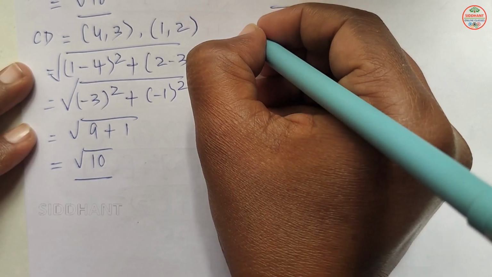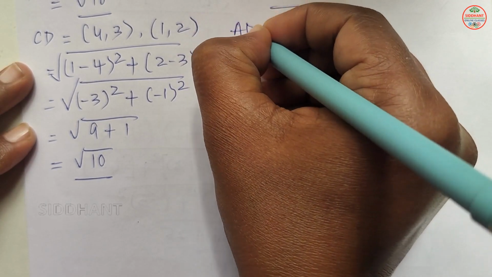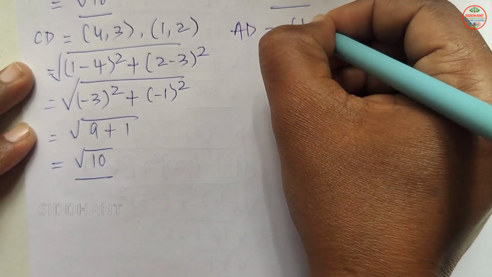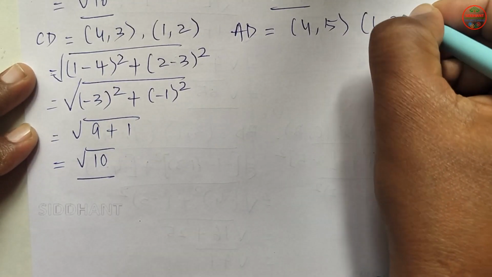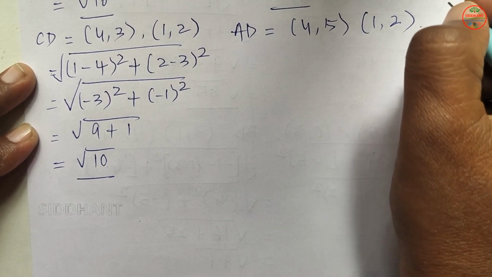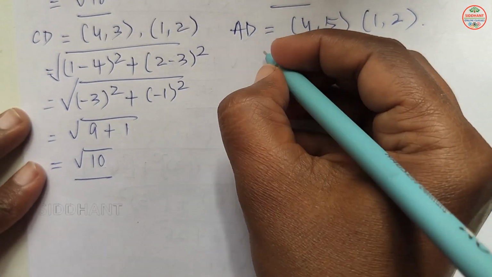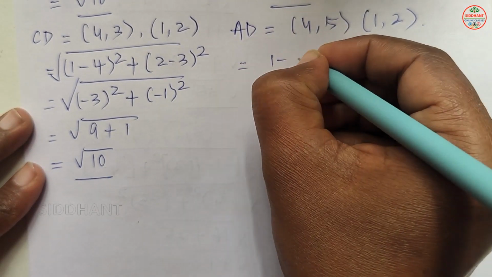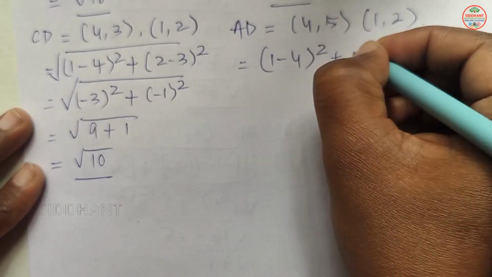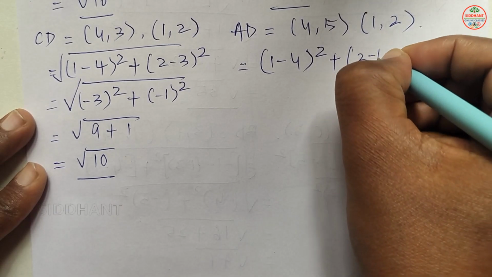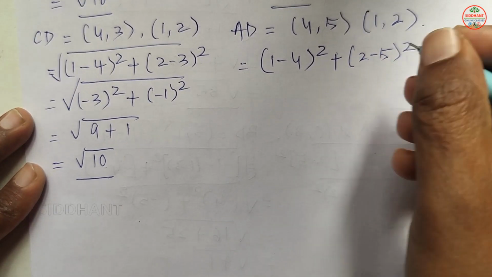Next we go for AD, which is 4 comma 5, 1 comma 2. So that will be 1 minus 4, x2 minus x1, plus 2 minus 5, y2 minus y1.